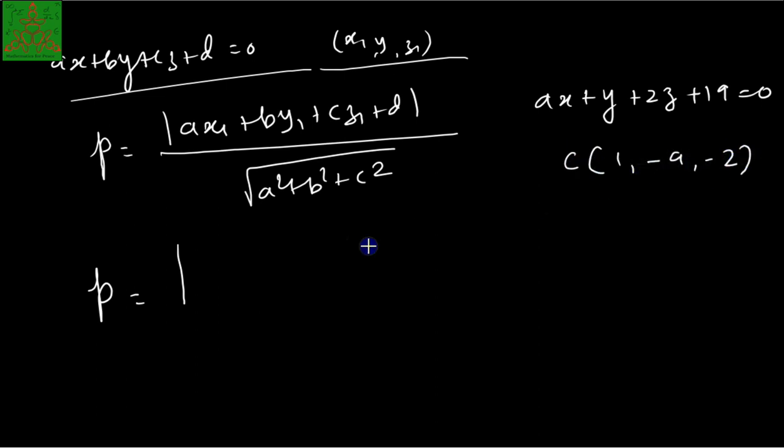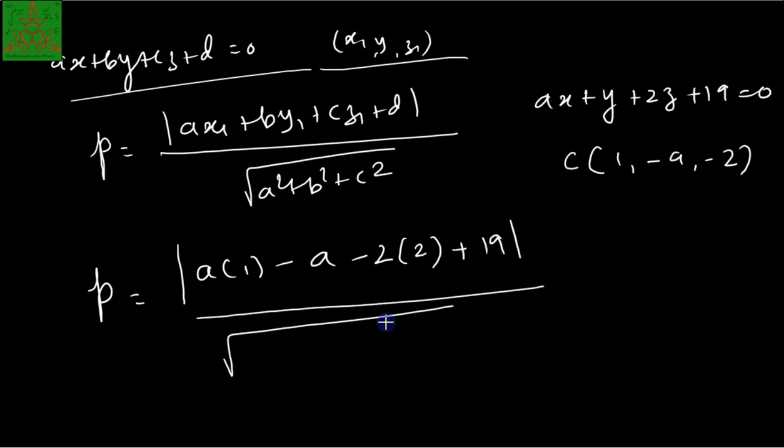So the distance between these two is a into 1, minus a, minus 2 into 2, plus 19, upon the square root of a square plus 1 plus 4.